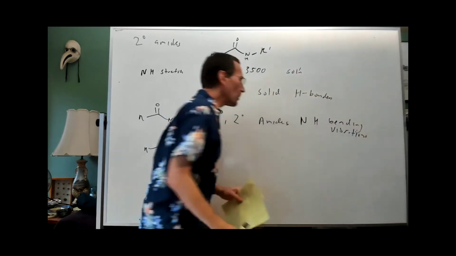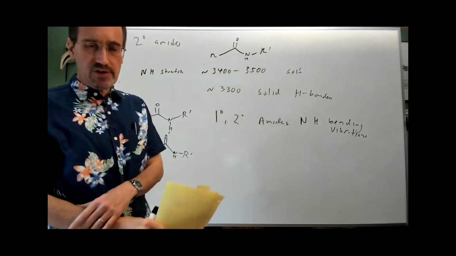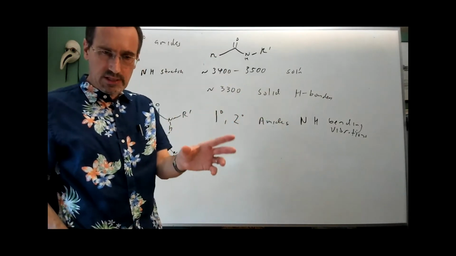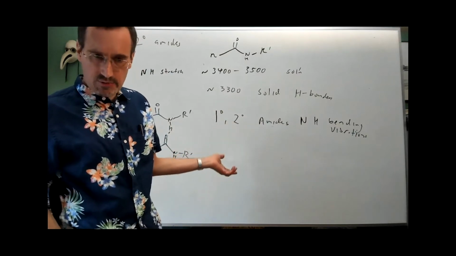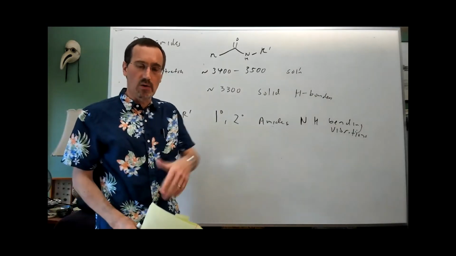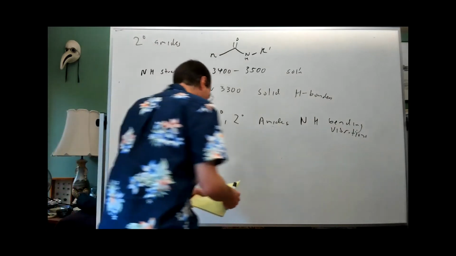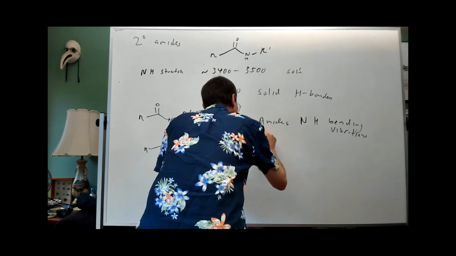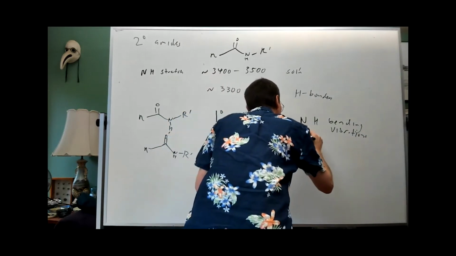And just as we saw in the case of CH groups, where the stretching frequencies were up at about 3,000 and the bending frequencies were down at 1,400, in the case of NH groups, again, the bending frequencies are substantially lower than the stretching frequencies. And so the NH bend is usually at about 1,500 to 1650.